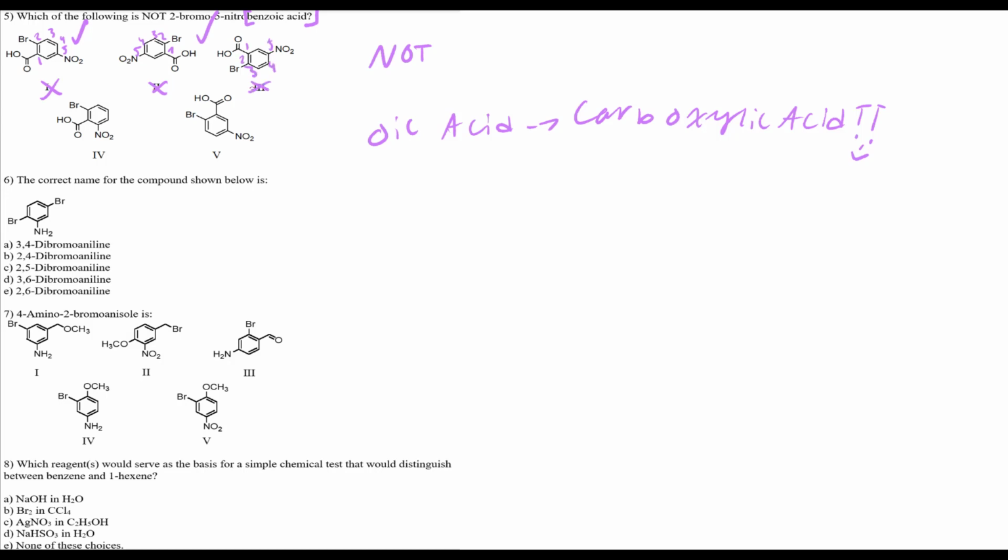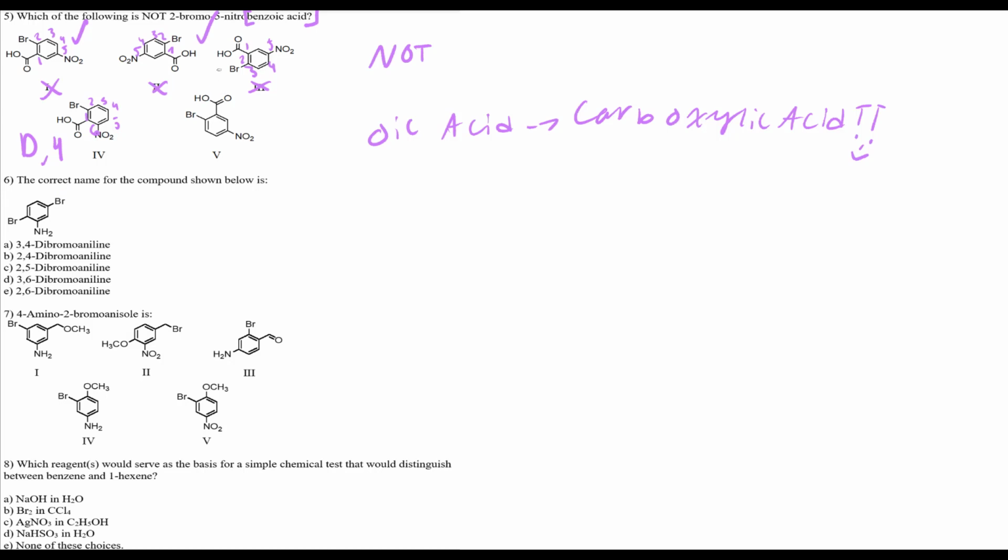Bad again. 1, 2, 3, 4, 5, and then 6. Wow, so my nitro is actually 6. So this would be a 2-bromo 6-nitrobenzoic acid. This is the answer choice we want. Answer choice D, or number 4, would be the correct answer.